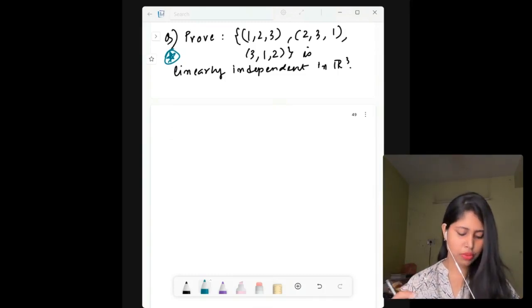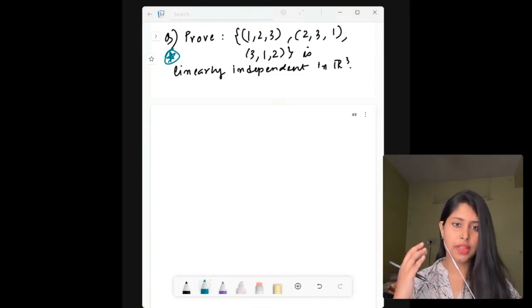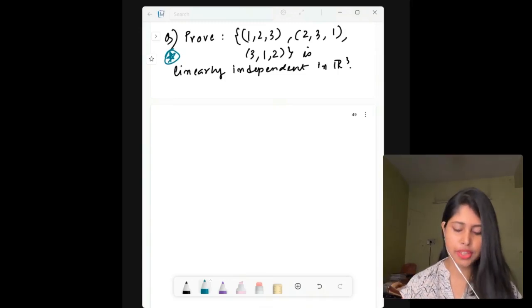Now here we will solve it in a nice, unique step, as you will understand when I explain.